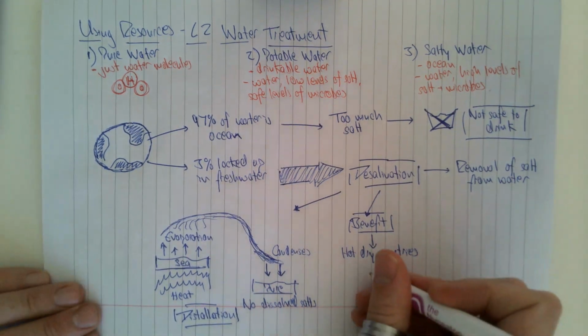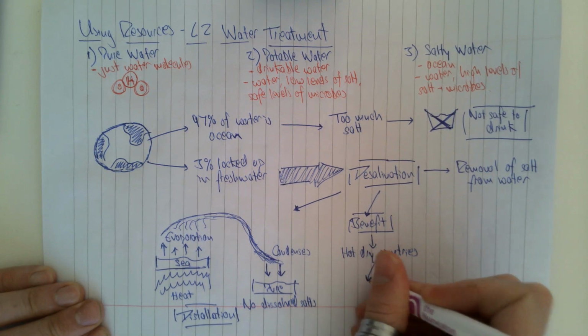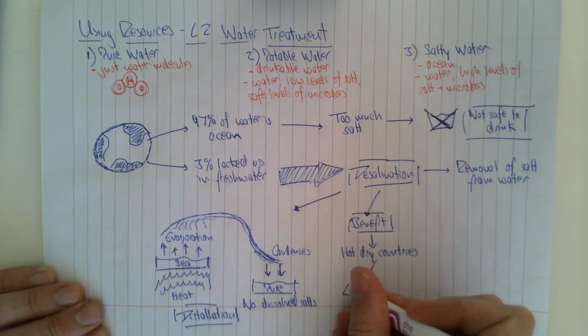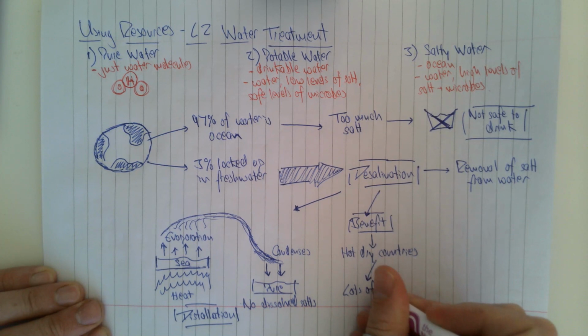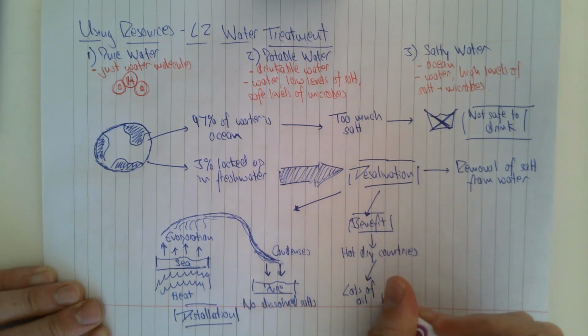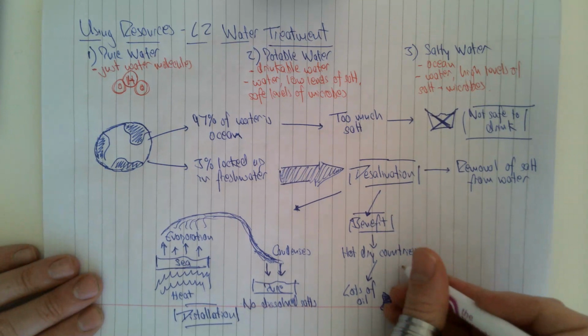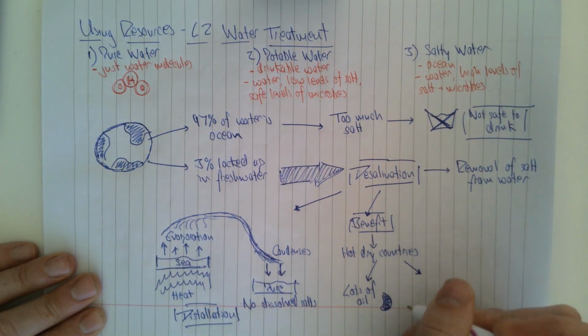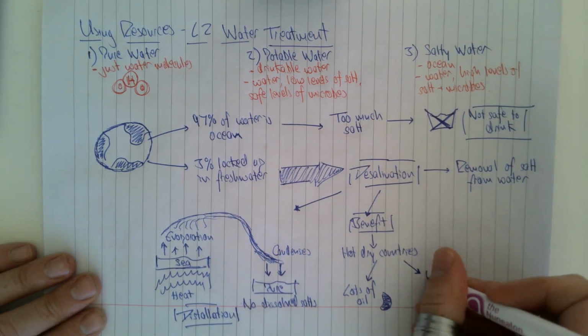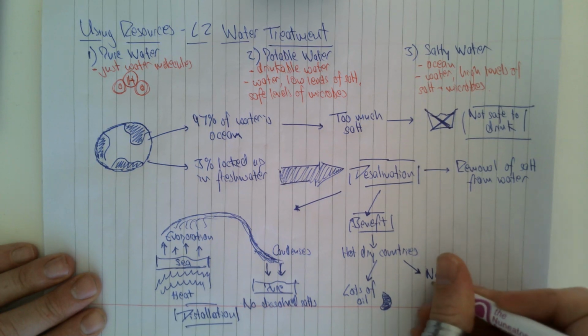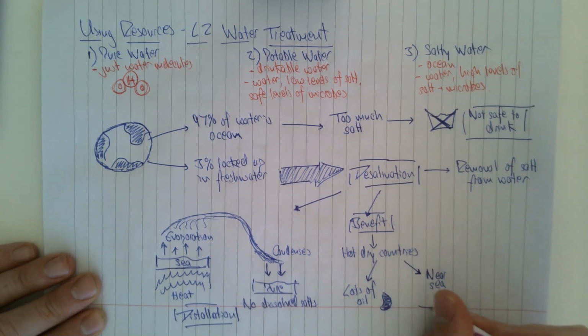It's especially a benefit to countries such as this that have lots of oil, because obviously to generate heat, you have to burn fuel, and oil is readily available. And also, if you've got a hot, dry country, there's lots of oil that's also near the sea.